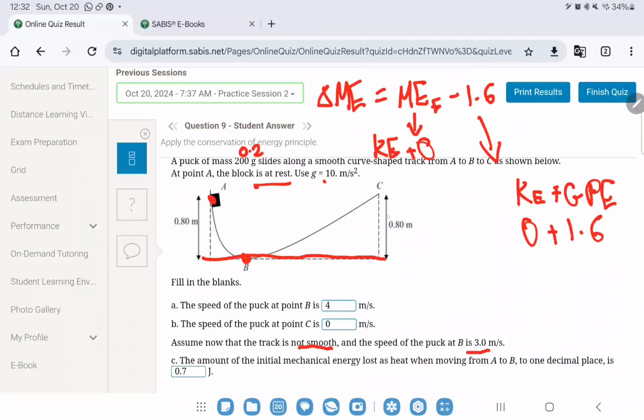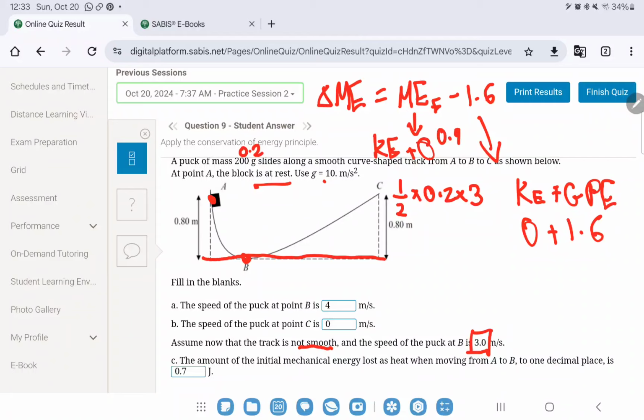Kinetic energy is equal to half times mass 0.2 times velocity final squared. Velocity final is 3 because now they told us it is not smooth and the speed is now 3. So 0.5 times 0.2 times 3 squared, which is 9, is 0.9.